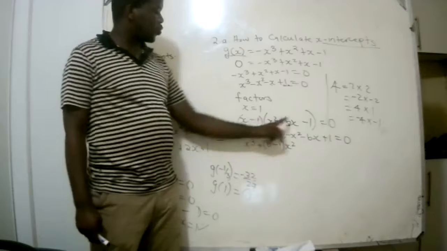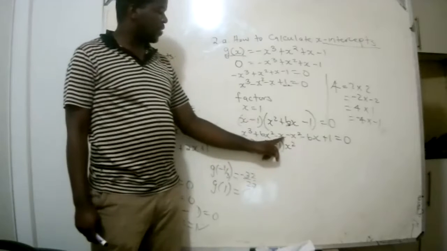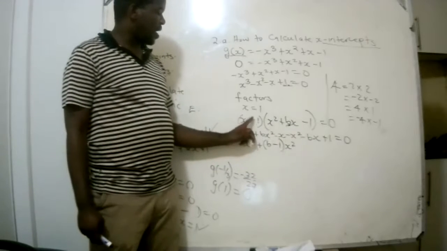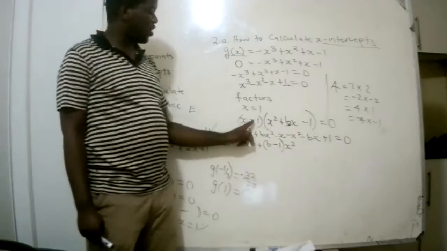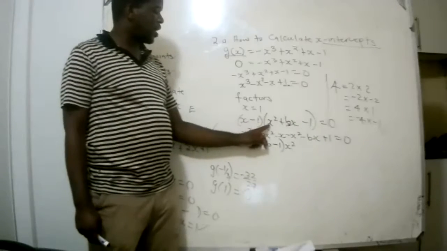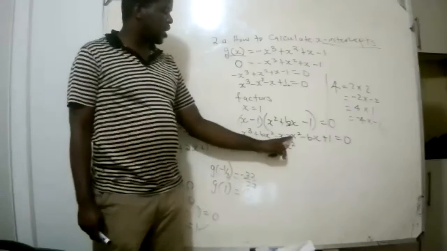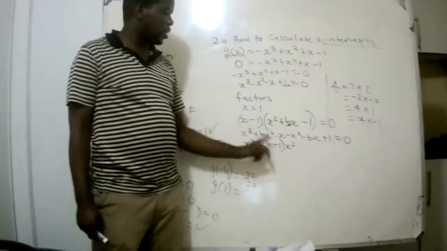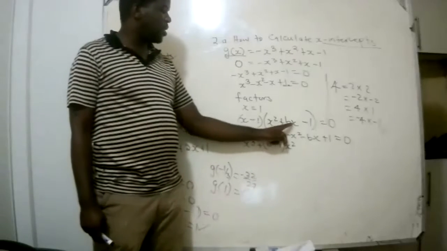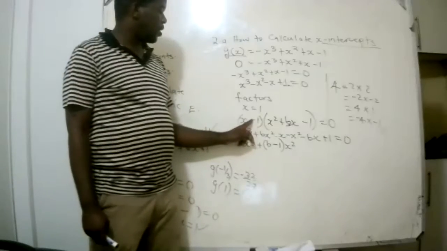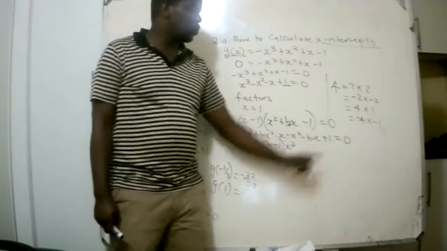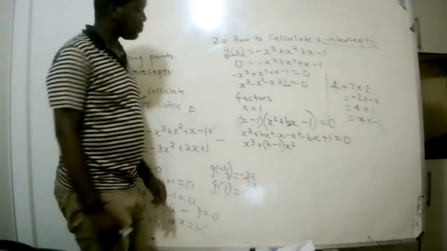We multiply x with -1, we obtain negative x. We multiply this -1 with everything inside the big bracket. So we're going to have -1 times x squared, negative x squared. We multiply -1 with bx, we obtain negative bx. We multiply -1 with -1, we obtain +1.